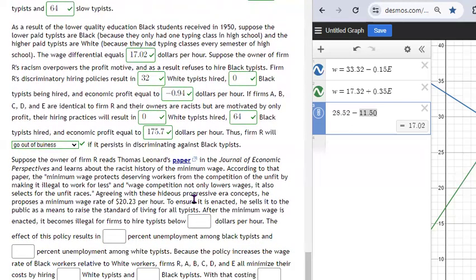Suppose the owner of firm R reads Thomas Leonard's paper in the Journal of Economic Perspectives and learns about the racist history of the minimum wage.